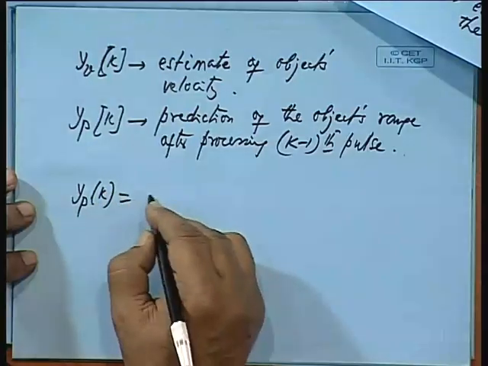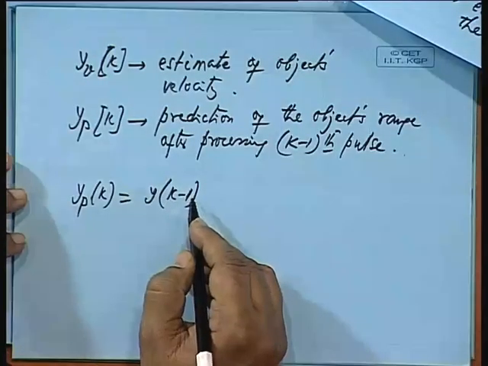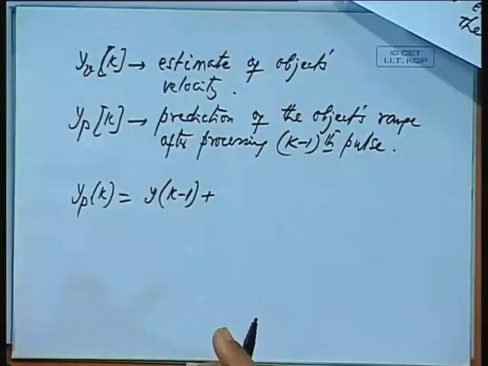So, ypk, the predicted value, how much is the predicted value? Say up to this instant of time, I have got yk minus 1 as the estimate. What will be my prediction in the next instant? If I have an estimate of its velocity, then velocity multiplied by that time gap, capital T, that we are considering, will be the additional increase in the range.